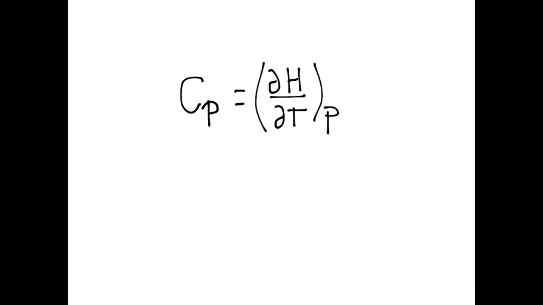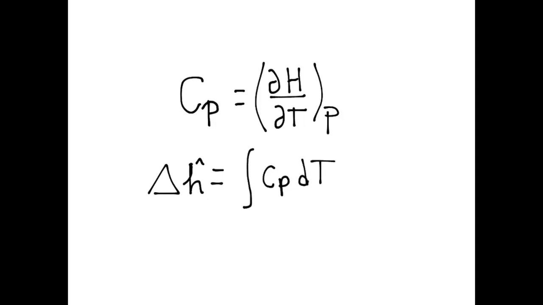Given the situation, the specific heat at constant pressure will give us the change in enthalpy. A change in specific enthalpy is going to be equal to the integral of Cp dT.